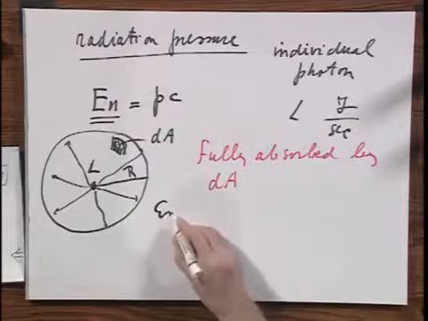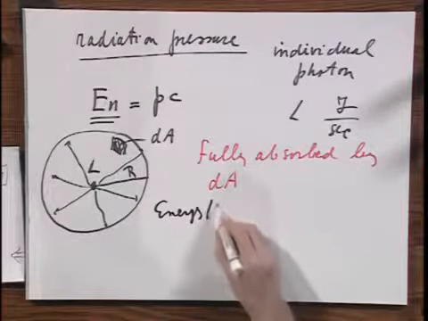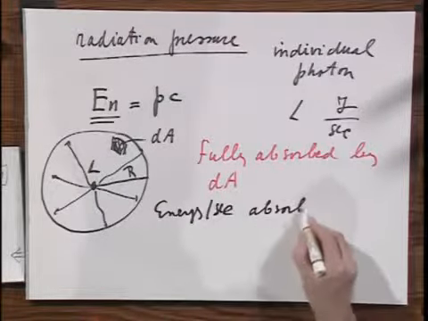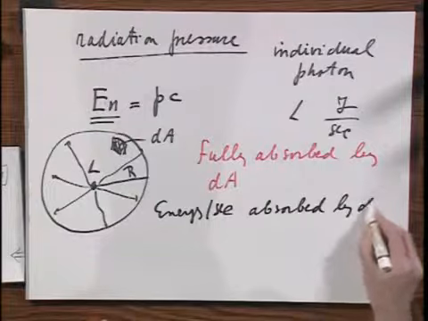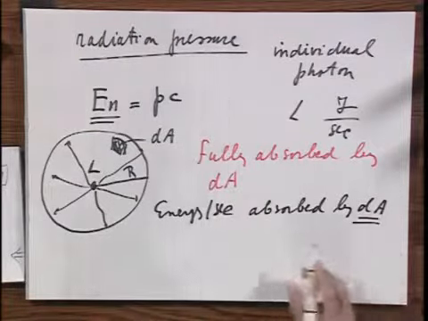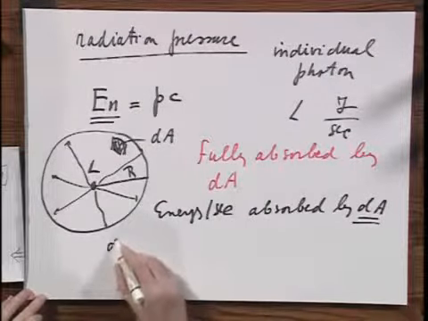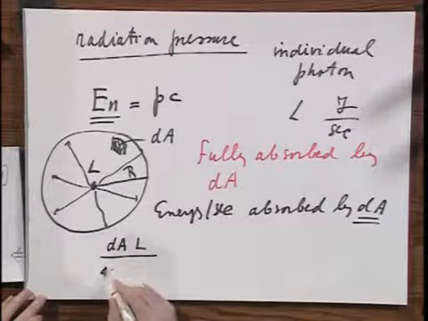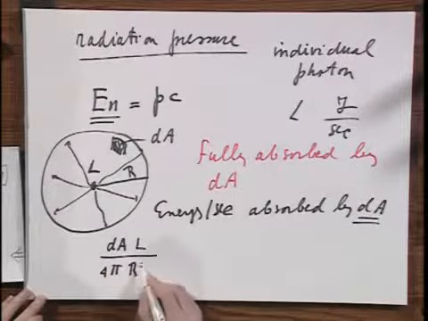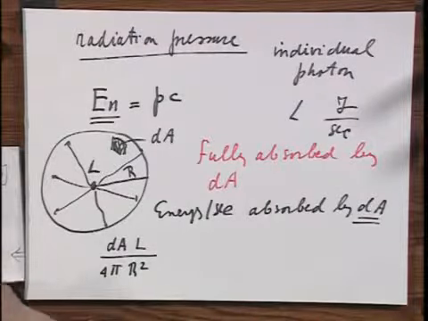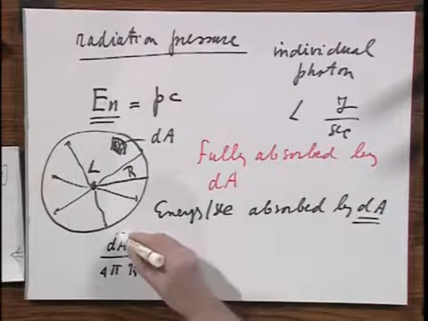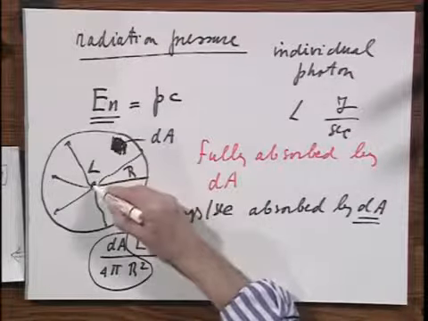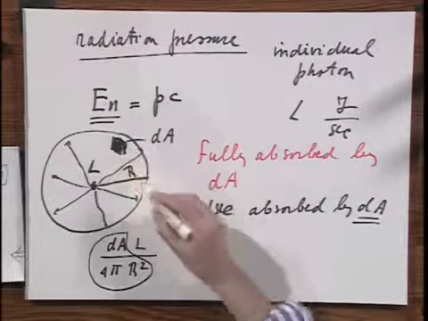Now the energy per second which is absorbed by dA is very simply dA times L divided by 4 pi r squared. That's immediately obvious, because dA divided by 4 pi r squared is the fraction of all the radiation that goes out in this direction.